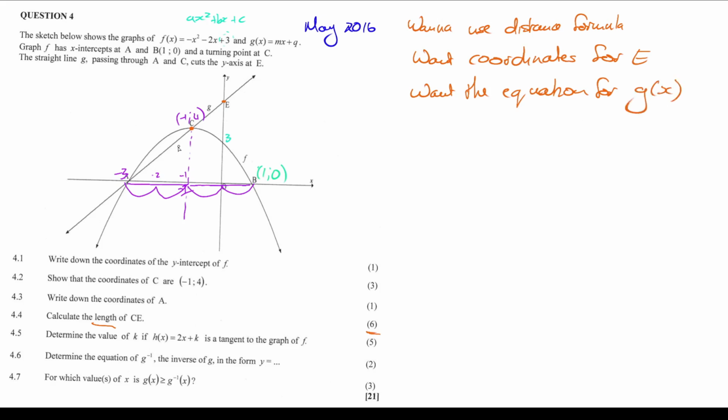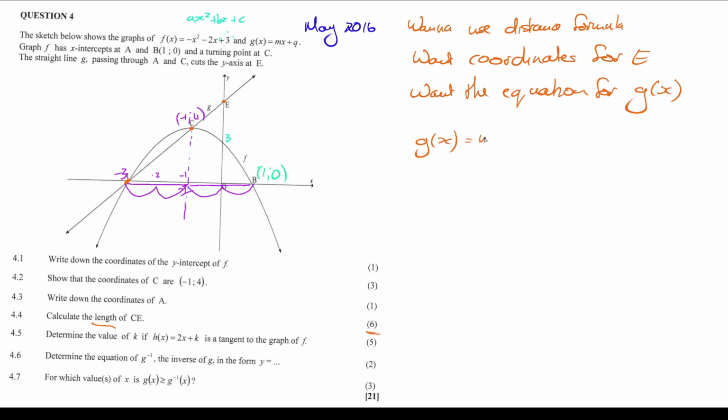And so now what I'm going to do is knock those off one by one. I'm going to say, okay, can I find the equation of the straight line? Hey, I've got a coordinate over here, a coordinate over there. Yes, I sure can.